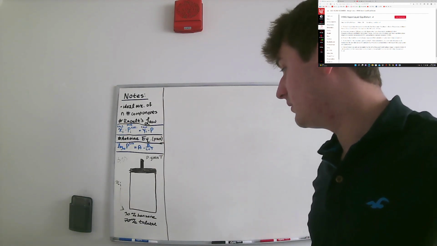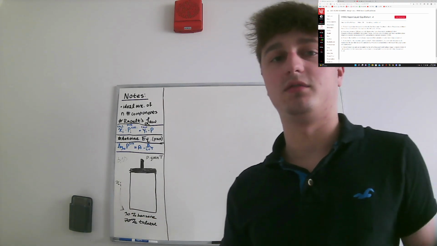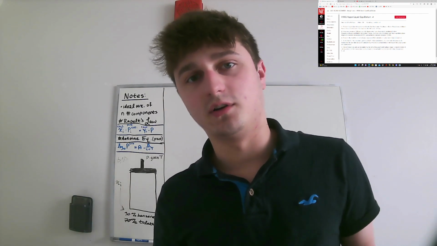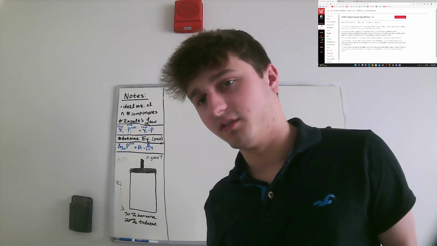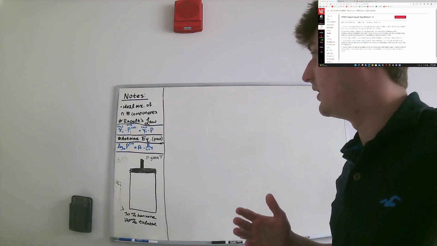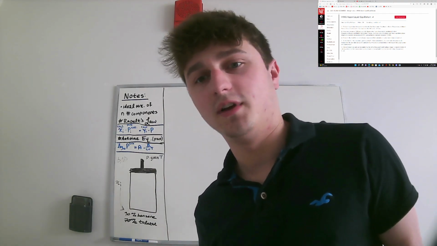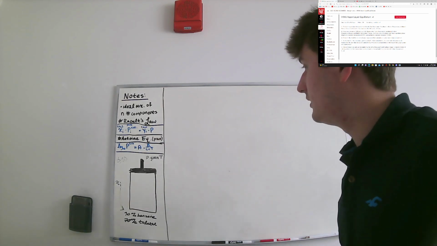So with our 30% benzene and 70% toluene, we're going to have to use sums, which you're going to see, to figure out what each of those values is when we convert to the Antoine equation for benzene and toluene respectively, using those mole fractions in the liquid and vapor forms. And let's just hop right into it.